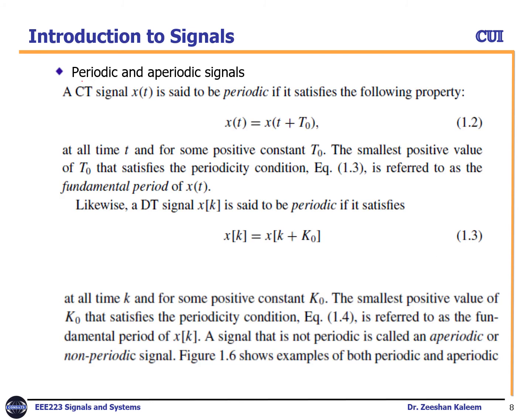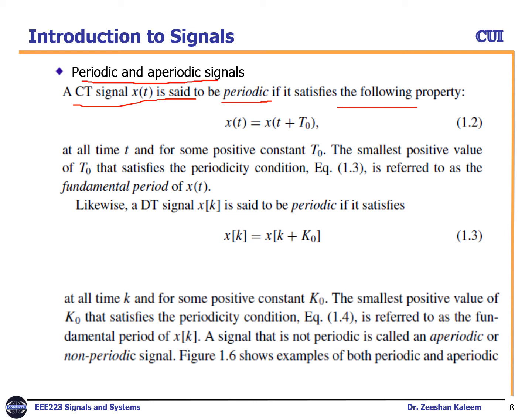Other terms are periodic and aperiodic signal. You are much familiar with these terms because you have studied these concepts in different courses several times. So a continuous time signal is said to be periodic if it satisfies the following property.